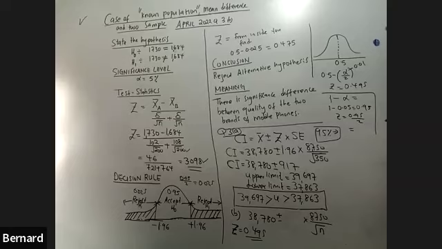That one is the same, it is Z. The sample size is 60 machines.